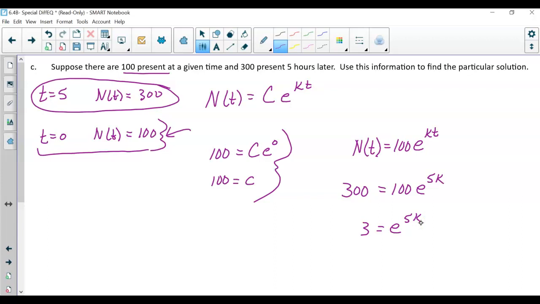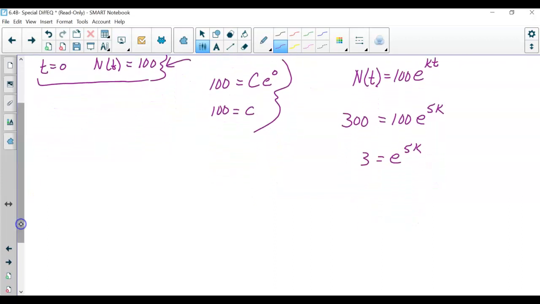Oh boy, how do I do that? Well, you could rewrite this, remember, because logs with a base e equal exponents, and there's my 3, so my K value equals the ln of 3 divided by 5. Well, what does that mean?